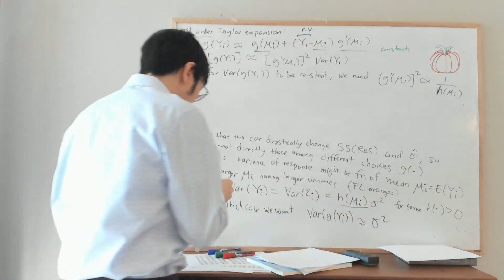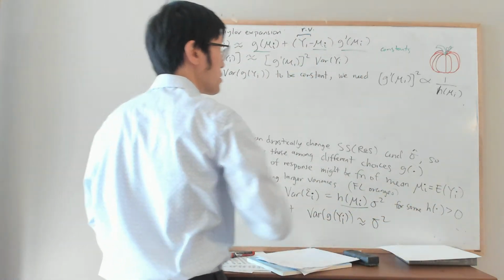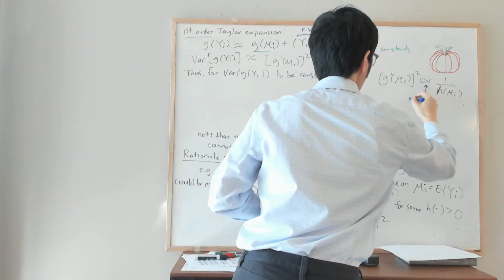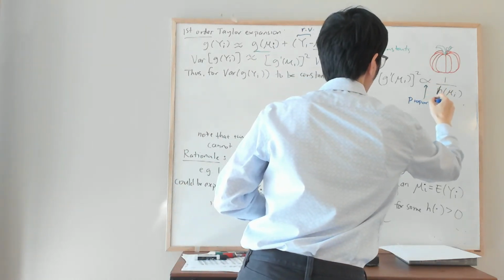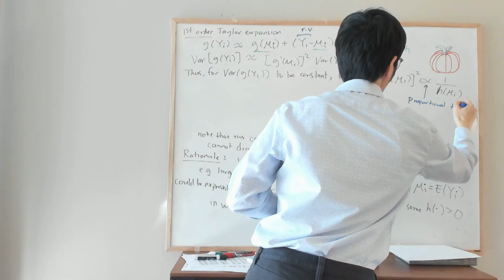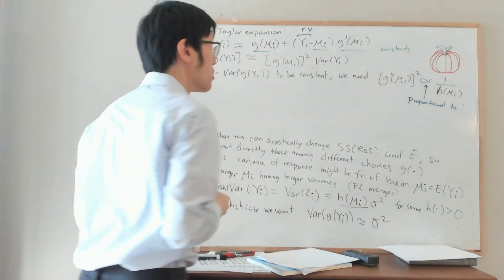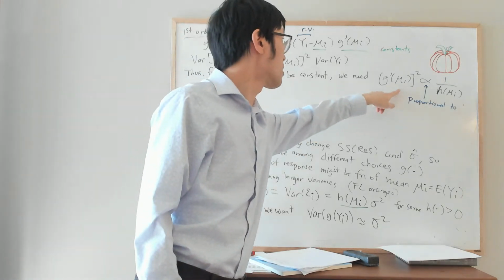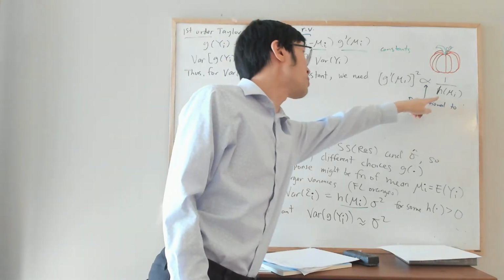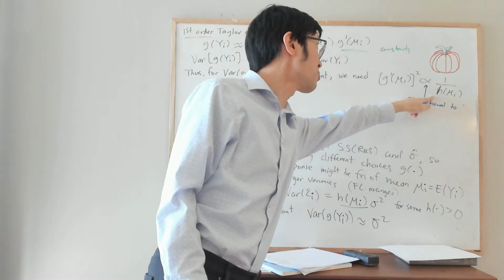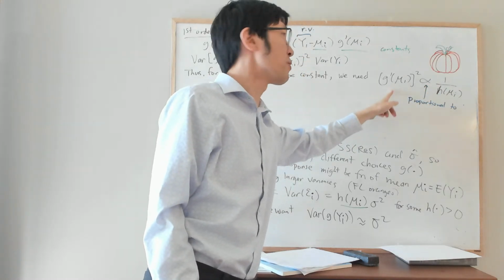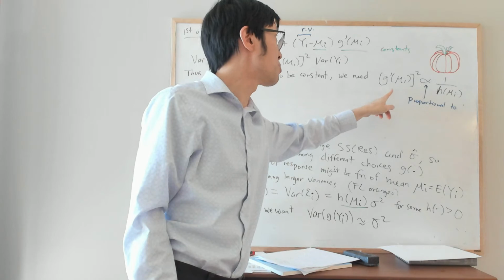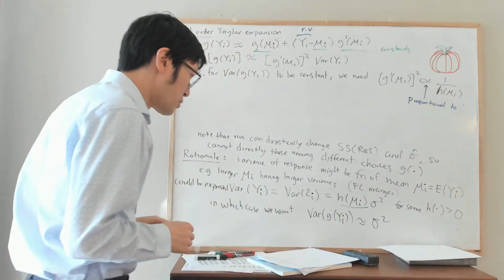Okay, so you haven't seen this symbol before. This is the proportional to sign. So we can calculate this. If based on the data we have a sense of what h is, then we can find the appropriate transformation based on this relationship.